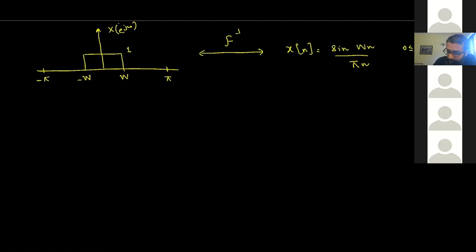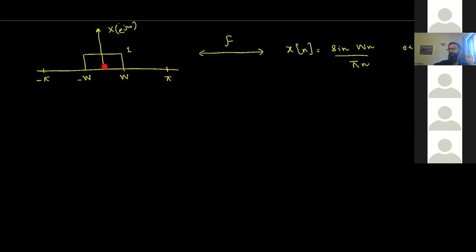Okay, so let's call it here, right? So what that means is if I take the Fourier transform of this thing here, where w is in between 0 and pi, I am going to get this ideal low pass filter.